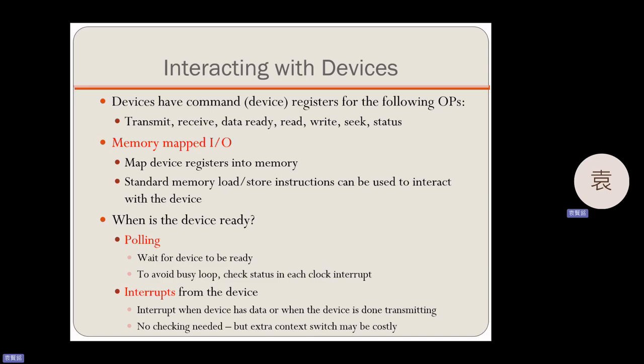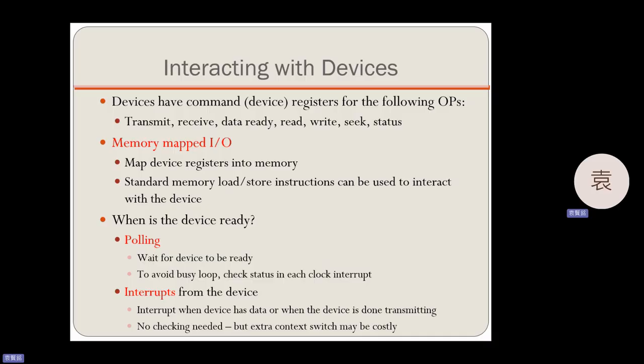So these are device registers that can store some of these operation commands. The operating system can communicate with the device by using these command registers and setting the operation.